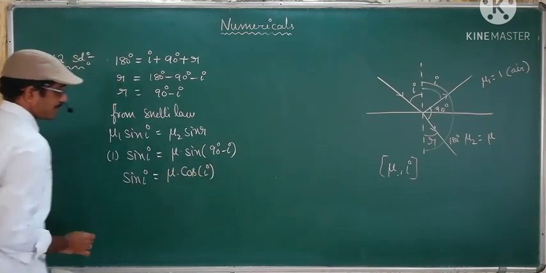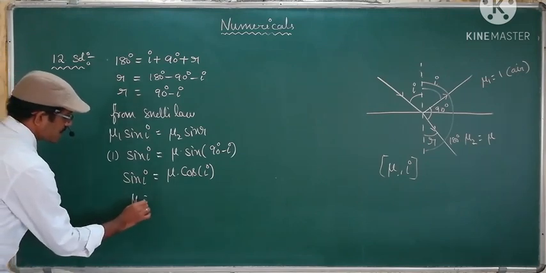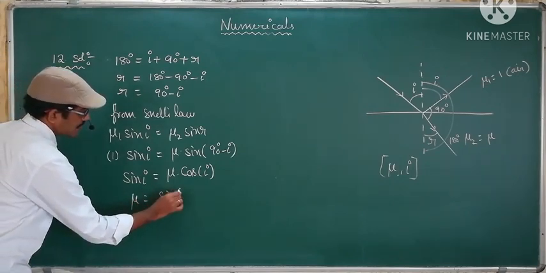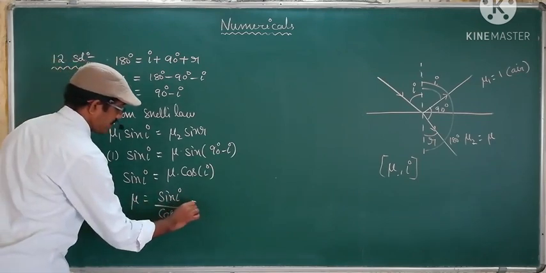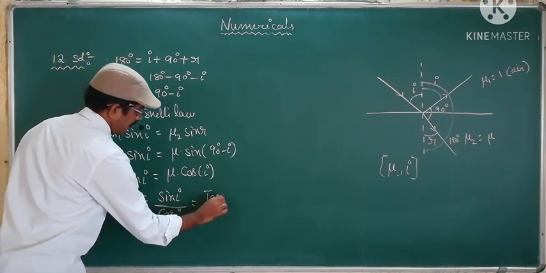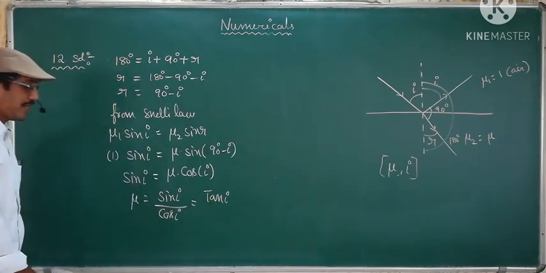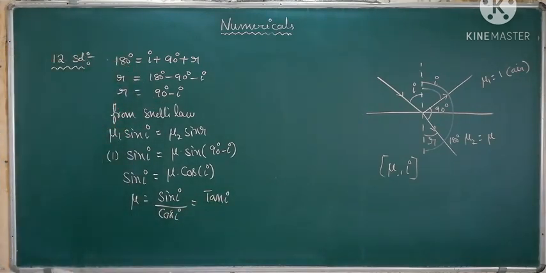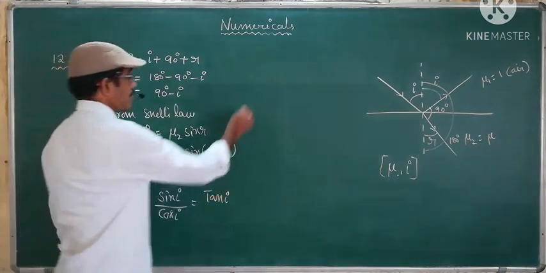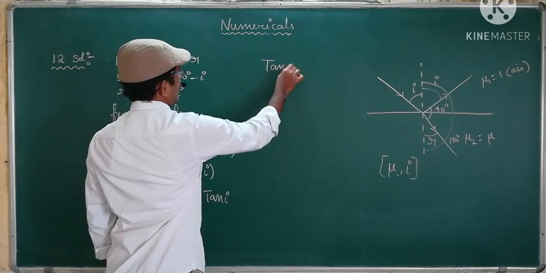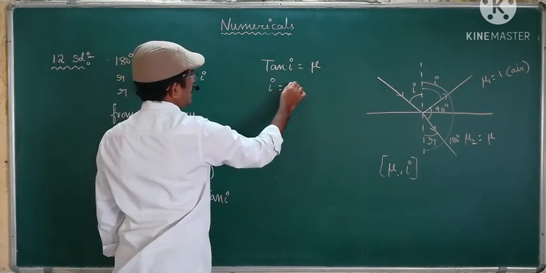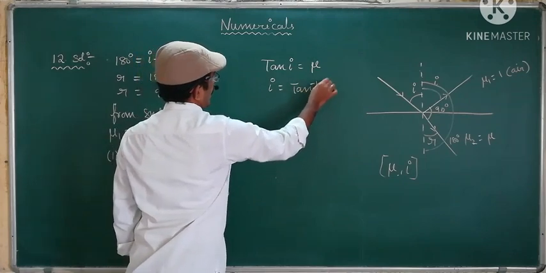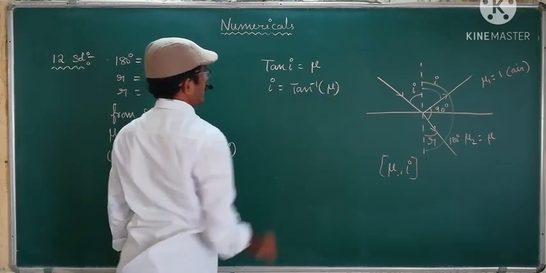So cos I. Then mu is equal to sin I by cos I. This is equal to tan I, since sin theta by cos theta is equal to tan theta. So tan I is equal to mu, I is equal to tan inverse of mu.